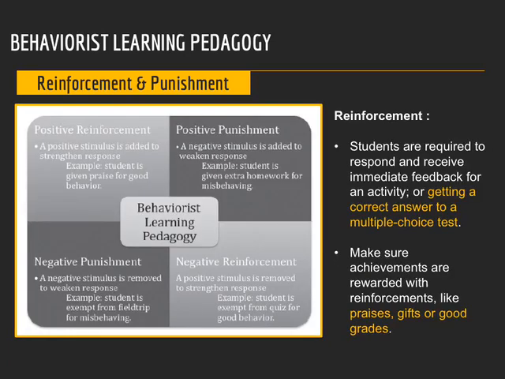An example of a positive reinforcement is student is given praise for good behavior, whereas another example of a positive punishment, student is given extra homework for misbehaving. An example of a negative punishment, student is exempt from field trip for misbehaving.